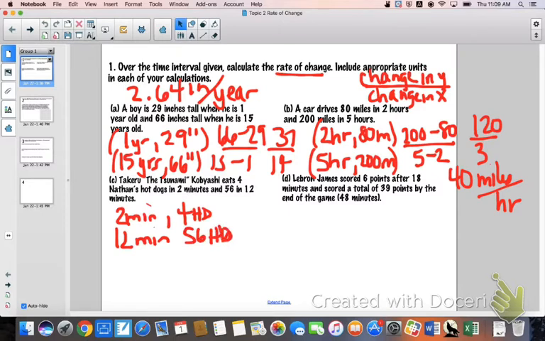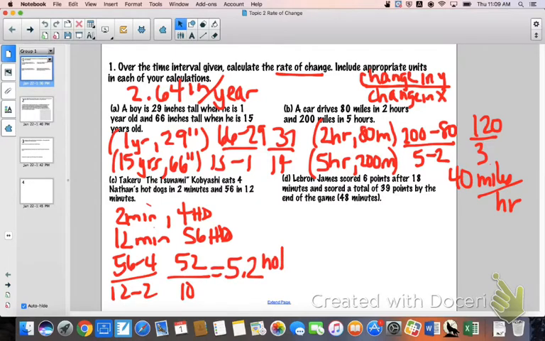So, change in hot dogs, 56 minus 4 gives you 52, and then your change in minutes is a change of 10 minutes. So that would be 5.2 hot dogs per minute. Yikes, who can do that? Okay, that's crazy.